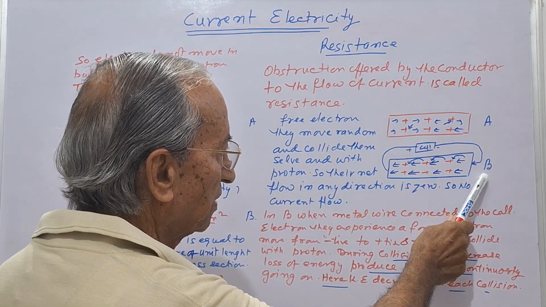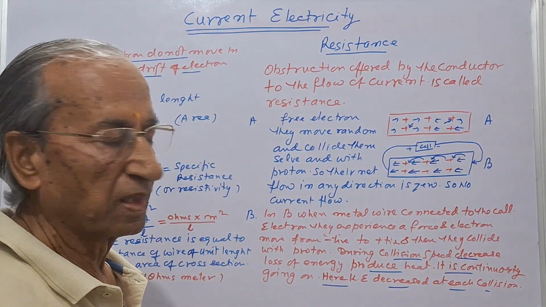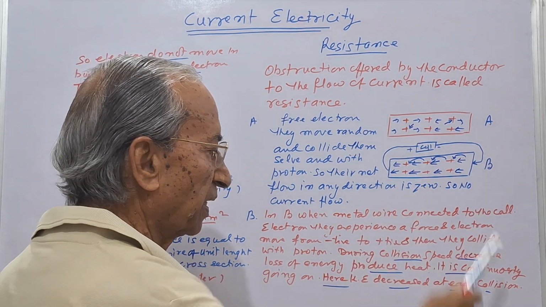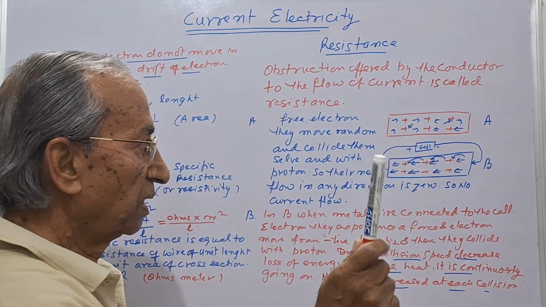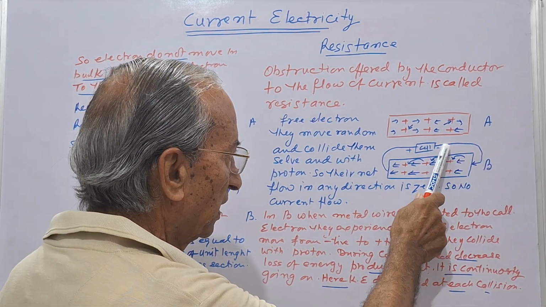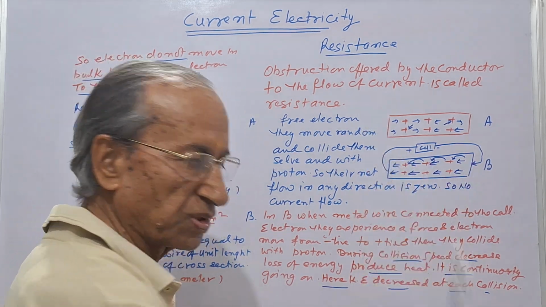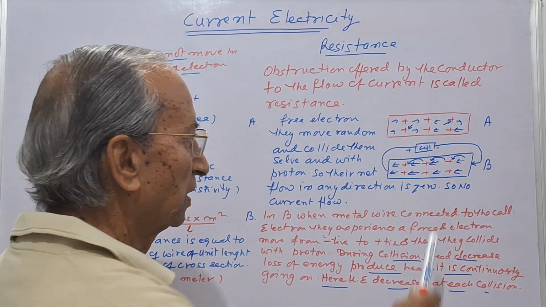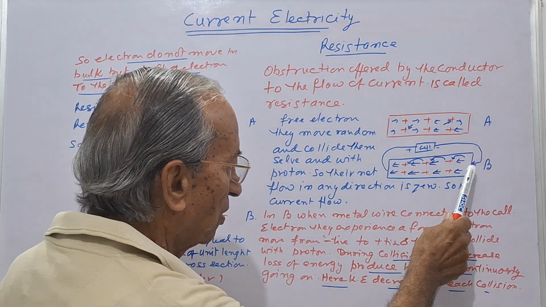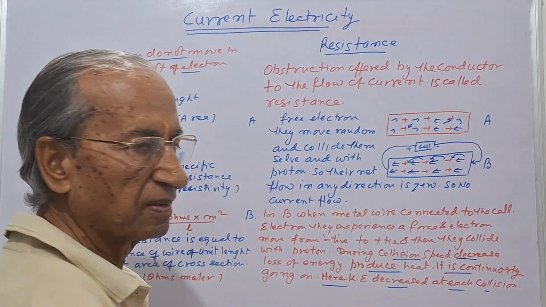See, in case B, this conductor is joined to the cell. And you know, conventionally, current flows from the positive to the negative end. As soon as this conductor is attached to the cell, the electrons experience a force, and they try to move from negative to positive.